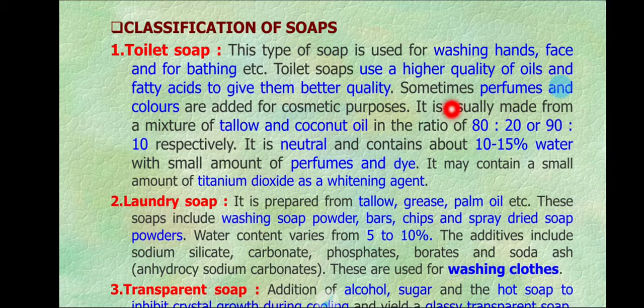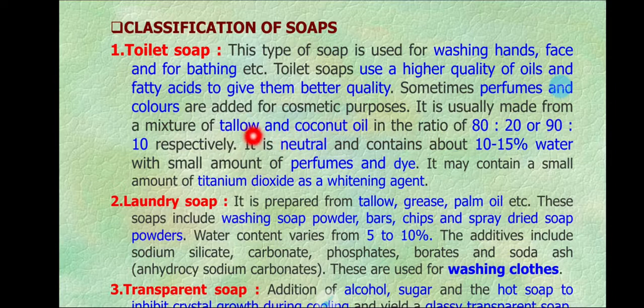Sometimes perfumes and colors are also added for cosmetic purposes. It is usually made from a mixture of tallow and coconut oil in different ratios so that we get different qualities or properties of the soap.